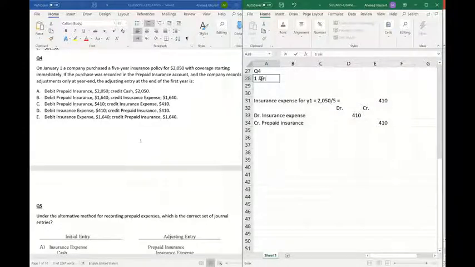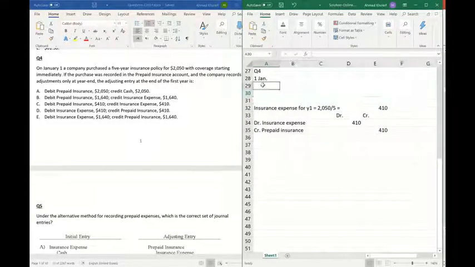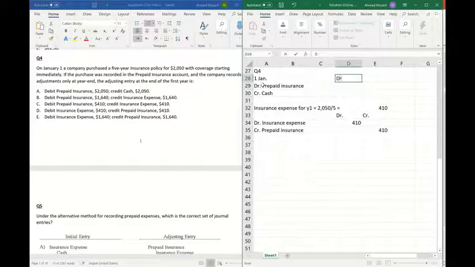On January 1st, the initial entry that the company recorded to recognize the payment of the insurance was debit prepaid insurance, and the credit was cash, as this is for the full amount that the company paid, and the full amount here is 2050.